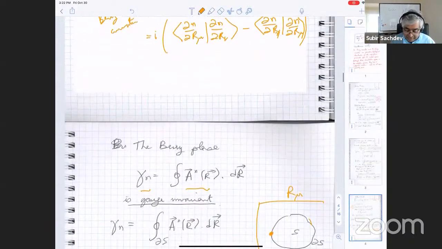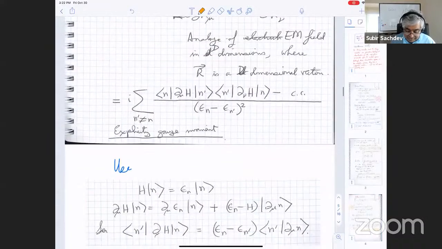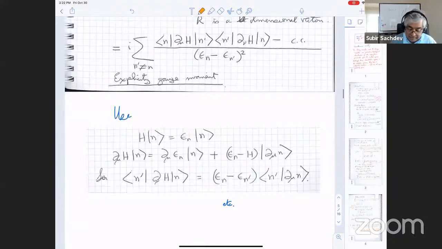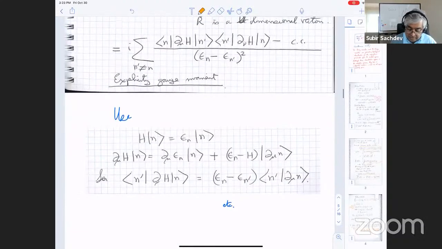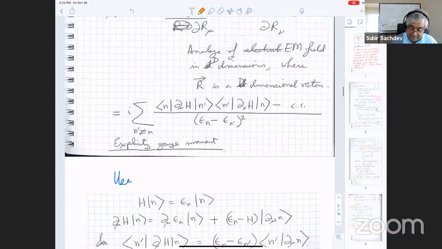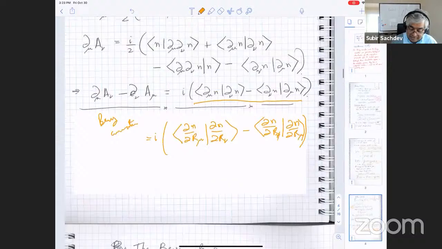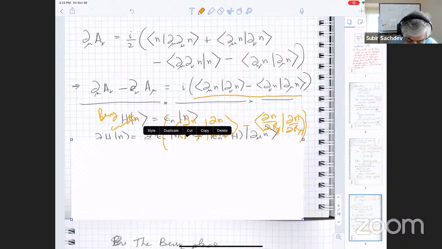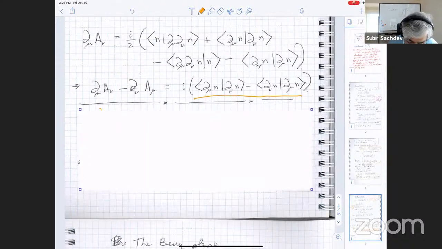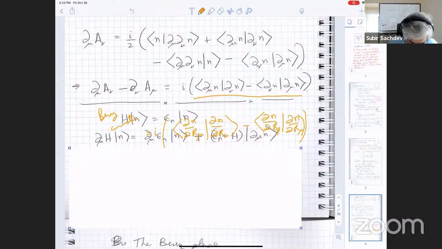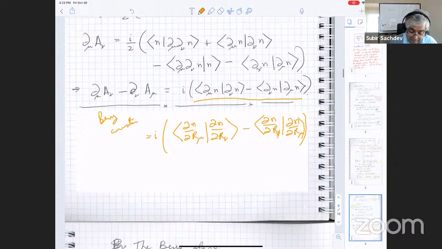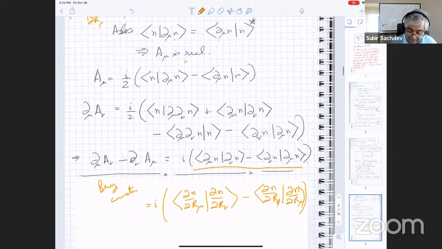However, you can play a few tricks and get an expression which I'll write down again. You can relate the matrix elements that you obtain over here, even in A mu, to derivatives of the Hamiltonian.